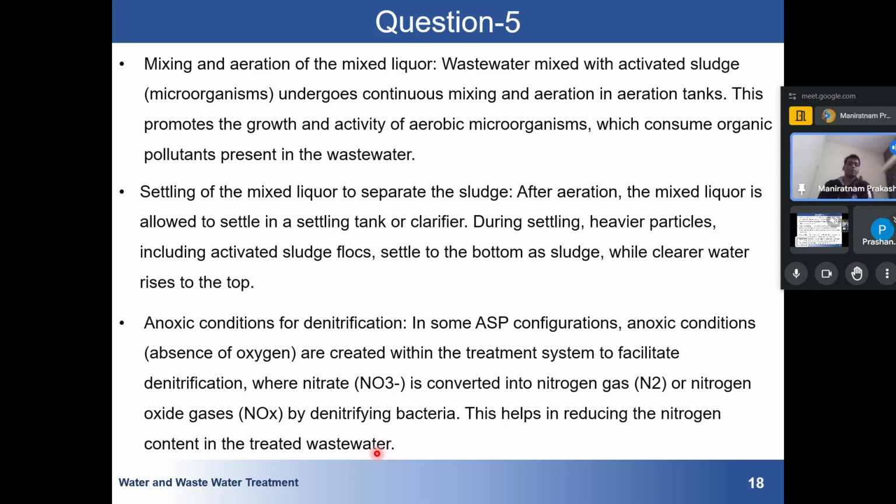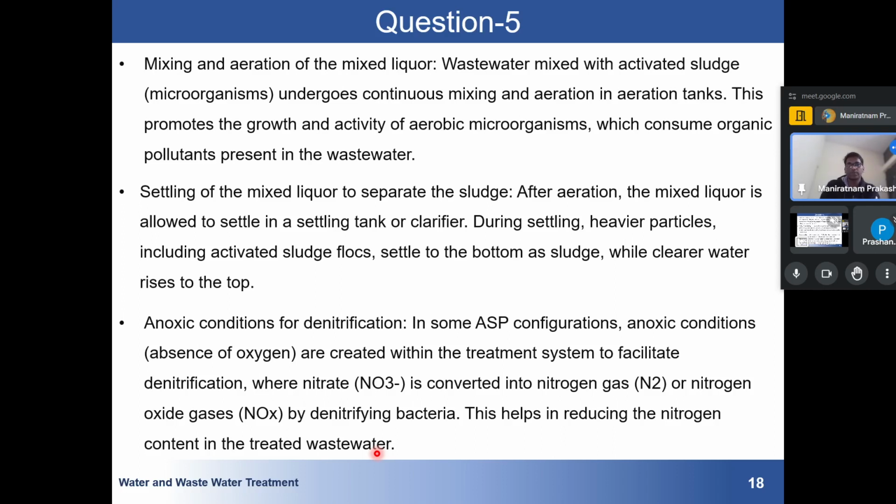Remember, our wastewater contains a large amount of organic matter, which is in the form of CHON, carbon, hydrogen, oxygen, and nitrogen. So the amount of nitrogen present in the system is very high. If you look at the discharge limit of wastewater, as per CPCB, when we discharge our wastewater to river, land, or sea, there is some limitation on how much nitrogen I am throwing into the system.